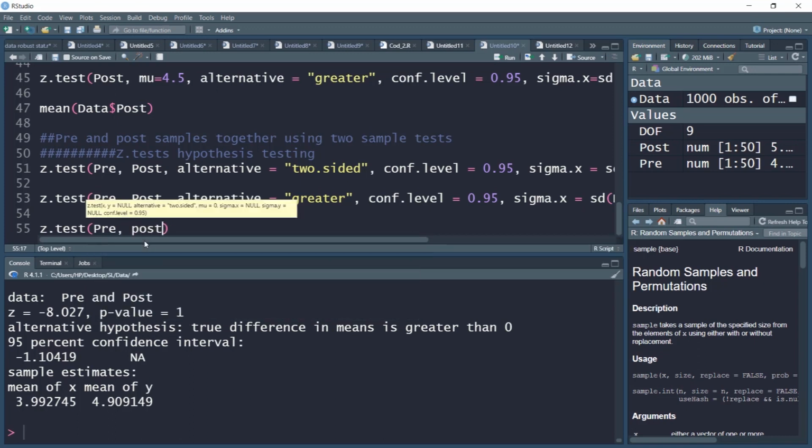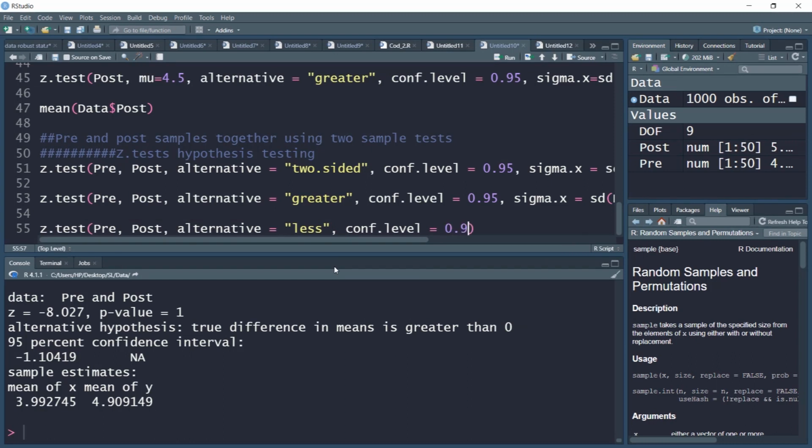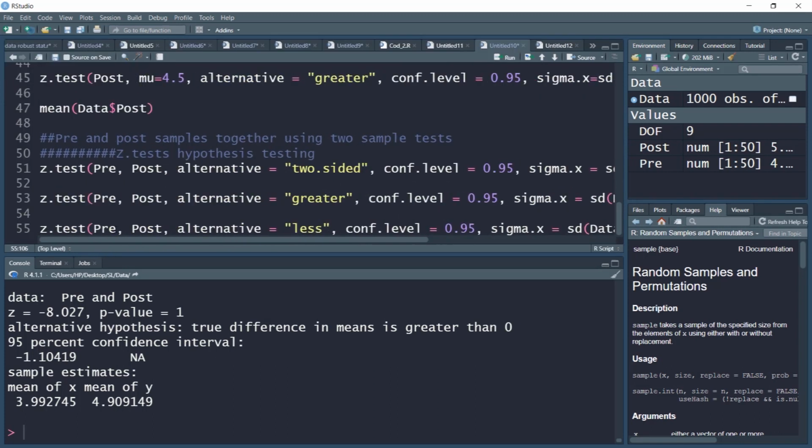So we'll conduct this pre-post test with the alternative argument less, that means pre is less than post. And now we'll design our hypothesis with a confidence level of 0.95 and we'll supply the population standard deviations. If I run this, we are testing a one tail test and checking whether pre is less than post.